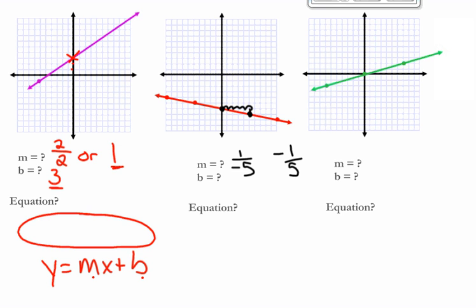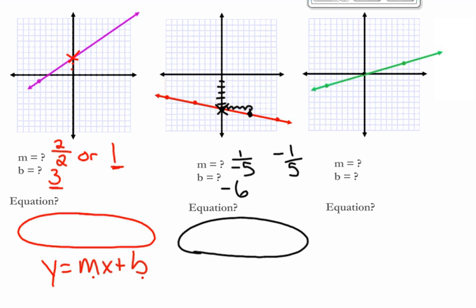Your b value, again, is right here where your line crosses your y-axis. 1, 2, 3, 4, 5, 6 below your origin. B value is negative 6. See if you can write an equation.